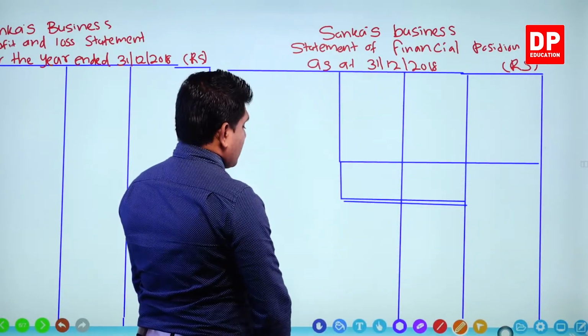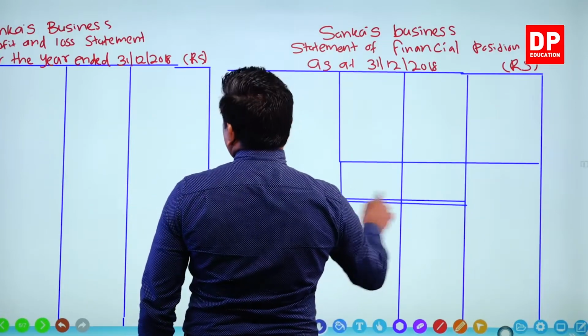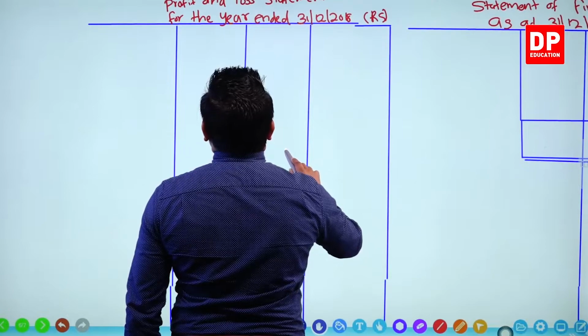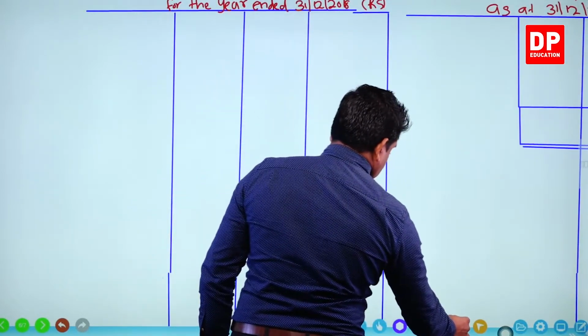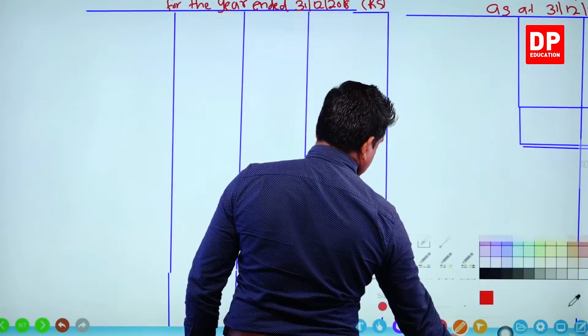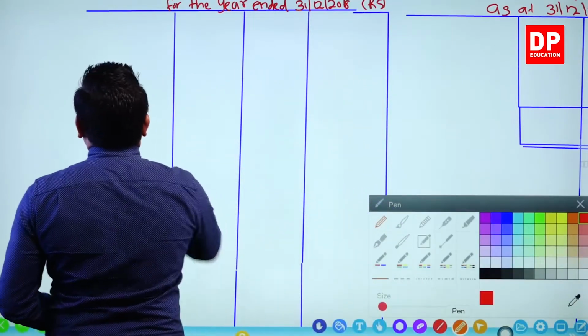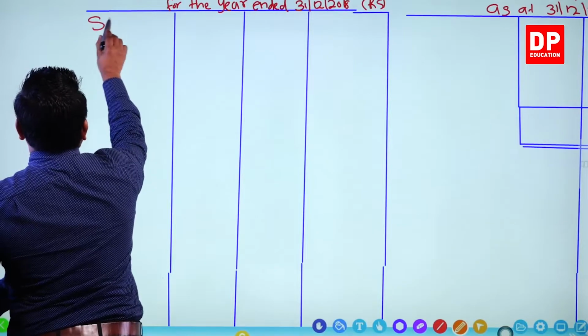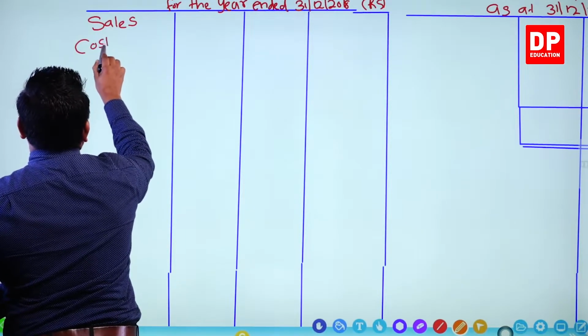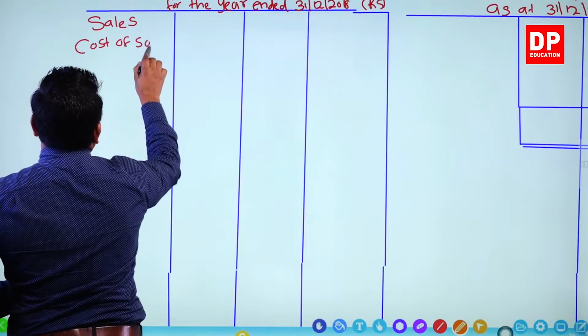Then we can classify the details included in the profit and loss. First, on the top we write what? Sales. After that, cost of sales.